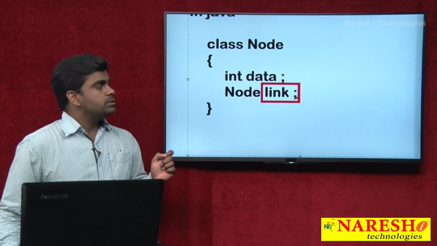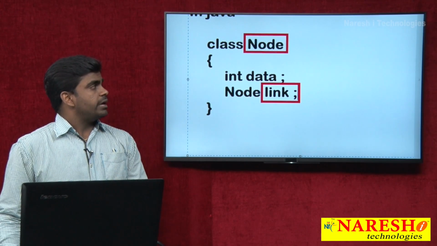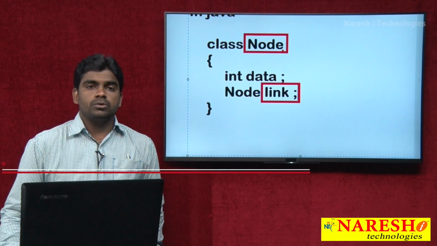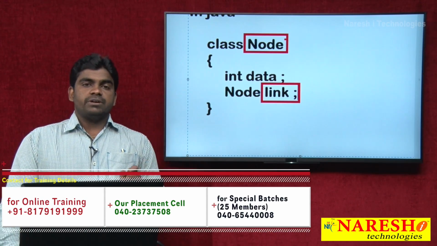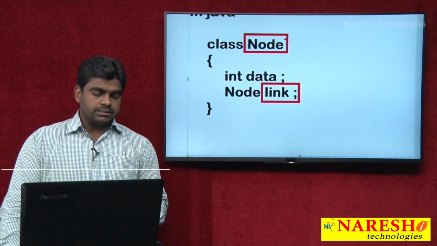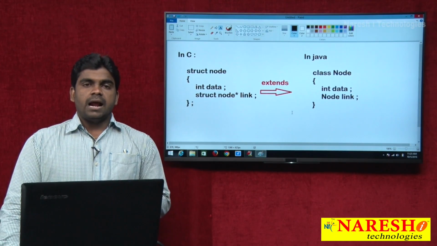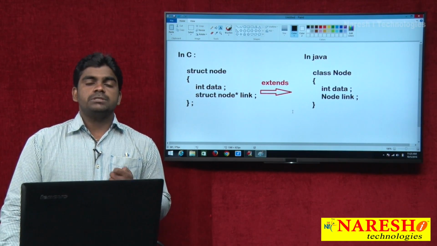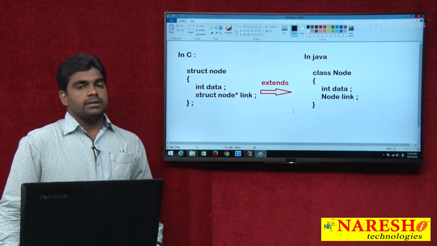What does it hold? It holds the reference of any node class object. Explicitly there is no need to specify the pointer; by default it is a pointer type. A reference is nothing but an address, and variables that hold addresses are pointer type variables.